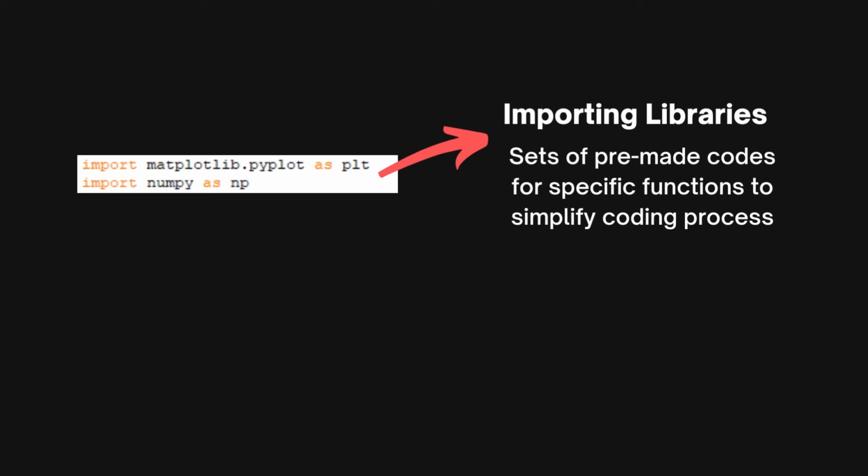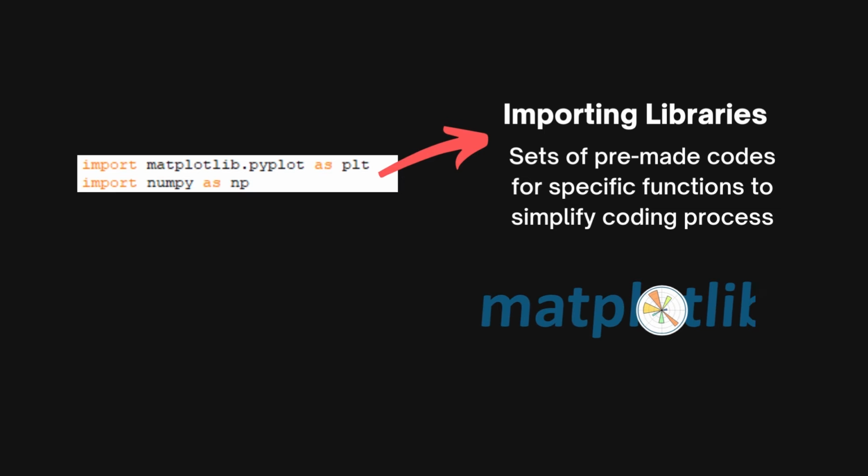In this case, first, the matplotlib module is imported, which is a library of code for creating mathematical visuals, and second, the numpy module is imported, a library of complicated mathematical functions and equations simplified into shorter code.